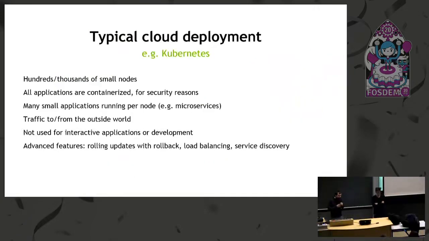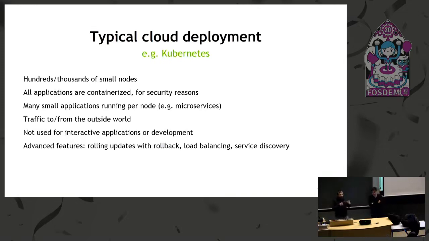I've mentioned our hardware, but let's take a look at what a typical cloud deployment looks like. You don't usually have nodes like ours at 12 kilowatts. You have maybe smaller nodes, instances on AWS, hundreds of thousands of them, and you containerize, sometimes for packaging, but also for security. You have microservices, so maybe 100 containers per node.